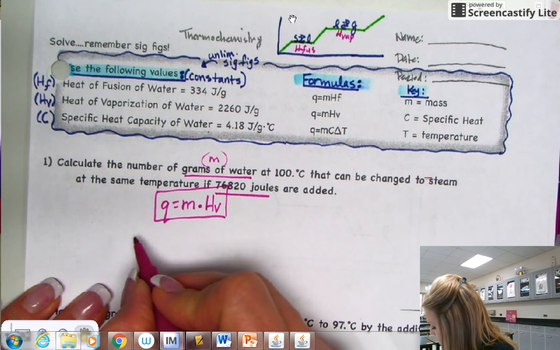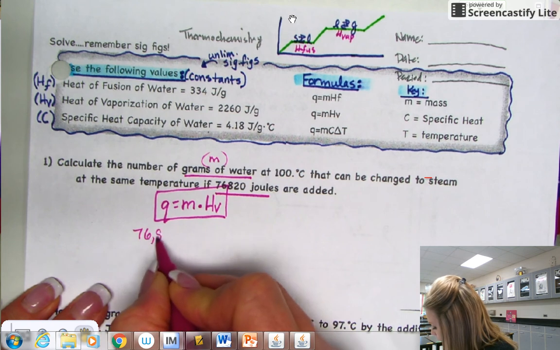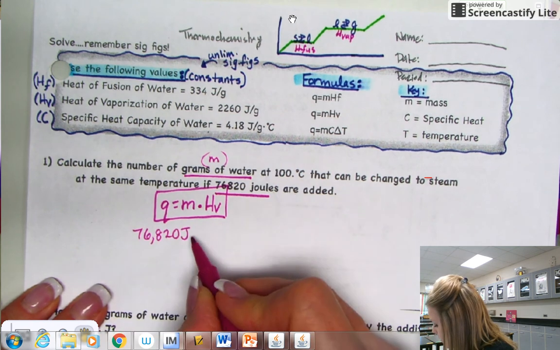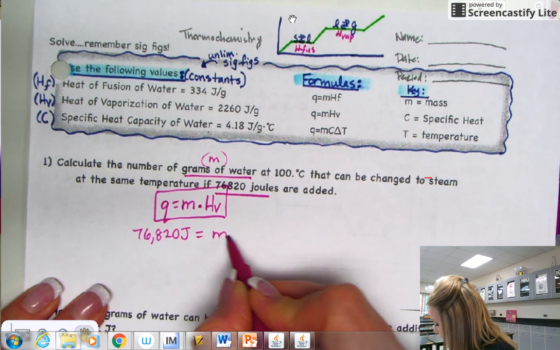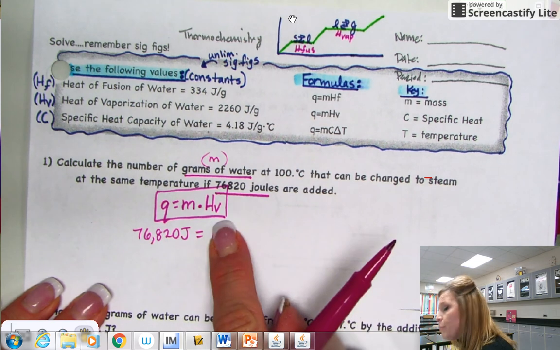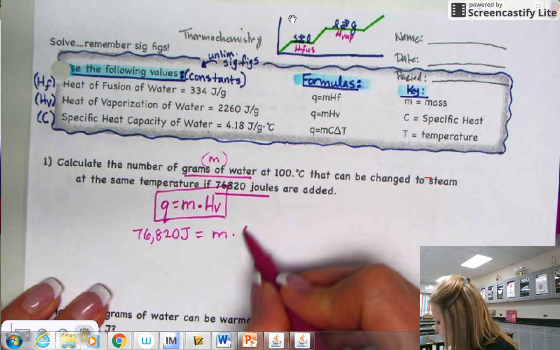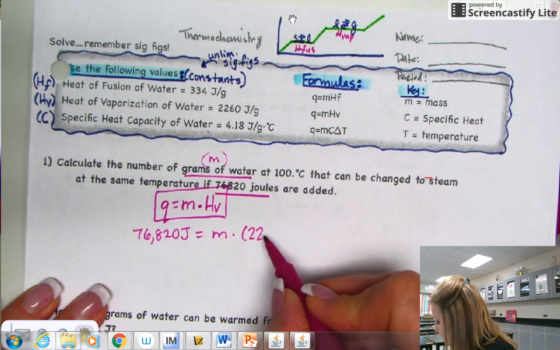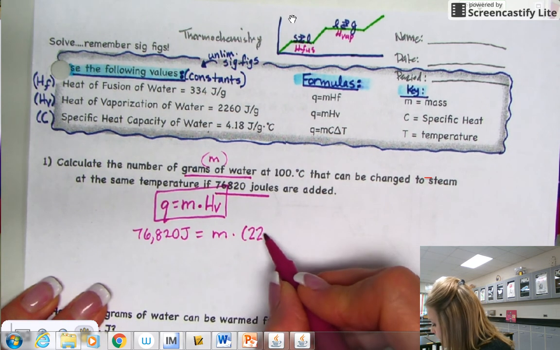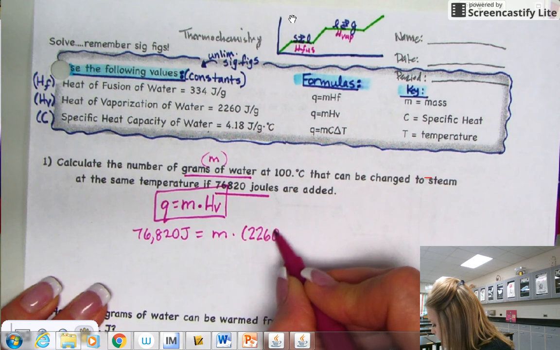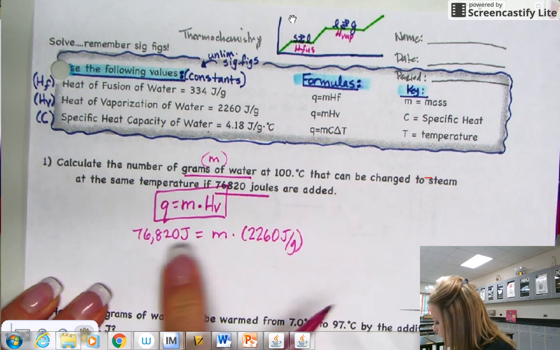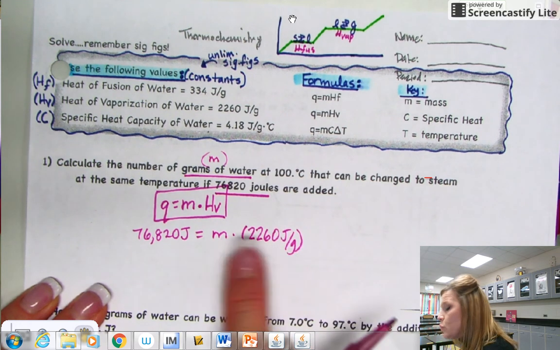That is our energy. So 76,820 joules of energy. We're solving for mass, and then the heat of vaporization is a constant, so we're going to plug that number in, which is 2260 joule per gram.